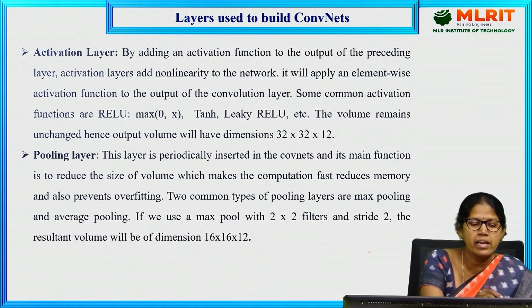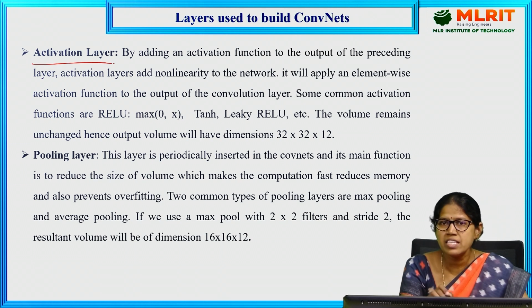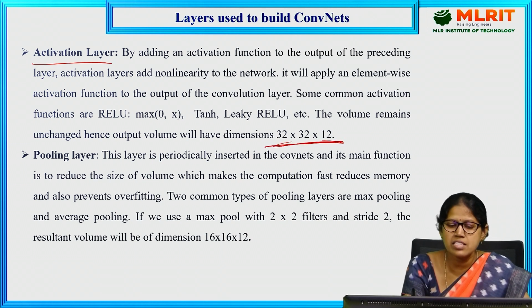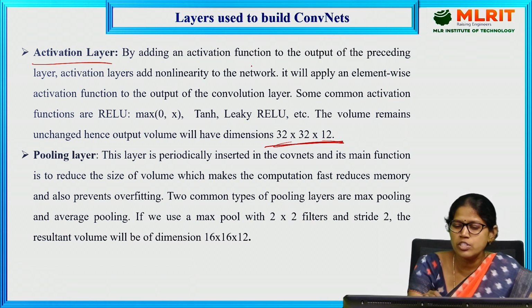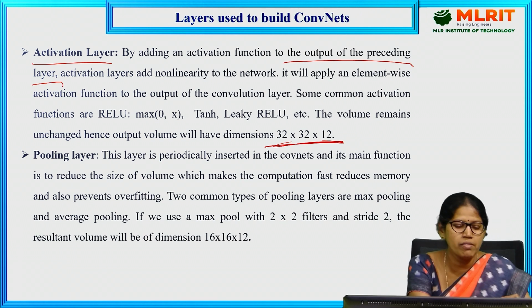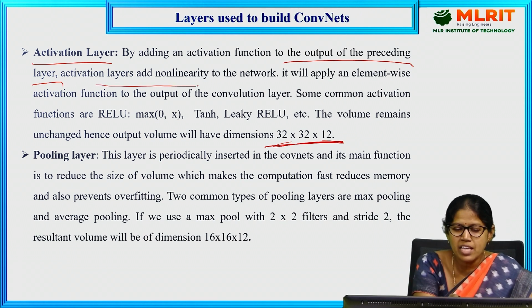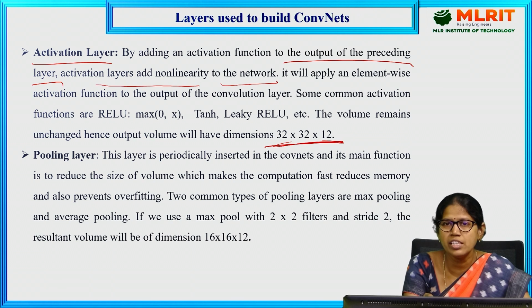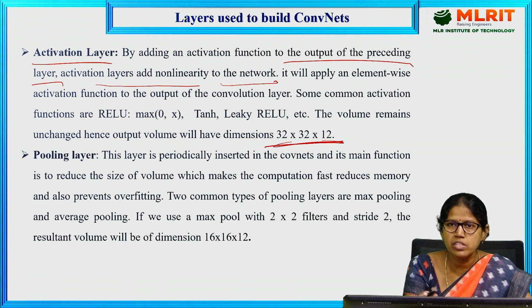The next layer is the activation layer. In this activation layer, the size remains the same. It will apply the activation function based upon that scenario. By adding an activation function to the output of the preceding layer, that is the convolution layer, activation layers add non-linearity to the network, which is identifying the patterns, those edges, shapes.